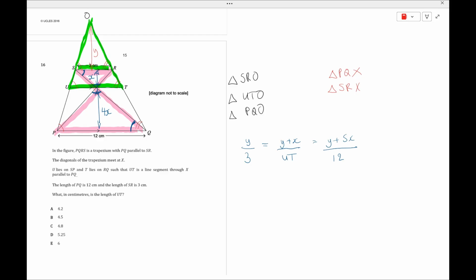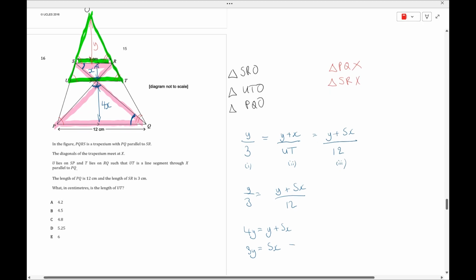Then I can solve this by, first of all, considering this equation to have three parts: part 1, part 2, part 3. I can say y over 3 equals y plus 5x over 12, and I can use this to get y in terms of x. So I end up with 4y equals y plus 5x, which means 3y equals 5x. And therefore y equals 5 over 3 x.